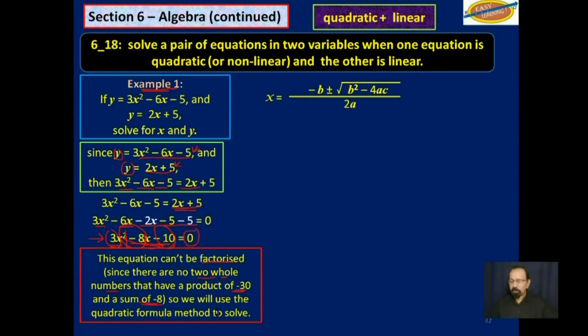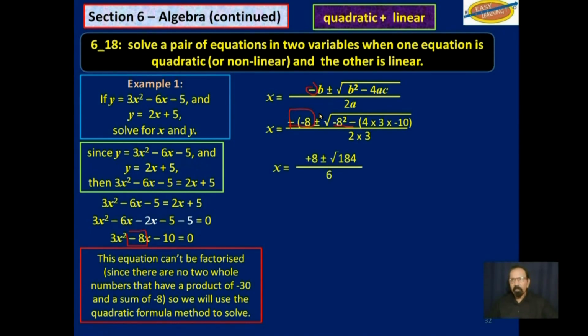So we will use the formula. By now you are well acquainted with how to do this. You substitute b and a and c and so on. And notice b is negative 8. If you substitute negative 8 and there is already a negative in front here, that will eventually work out to be positive and so on.